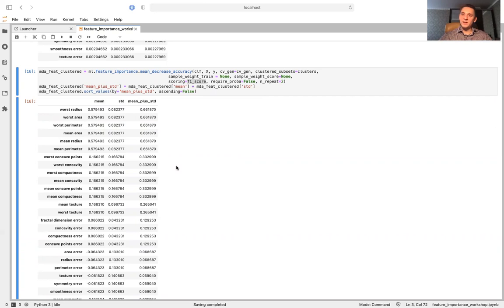Because instead of analyzing individual features, you analyze types of information which you put into your data frame, into your model. So for example, here we put shape-related features, compactness-related features, texture-related features, and analyze not individual feature importance, but rather the importance of the information piece which you put into your model.